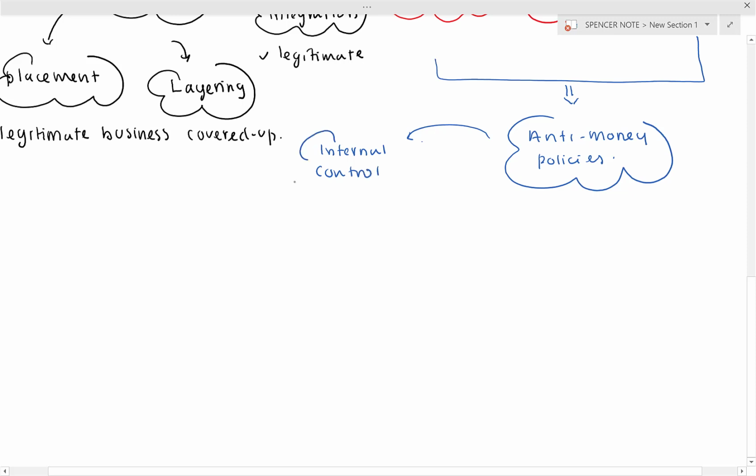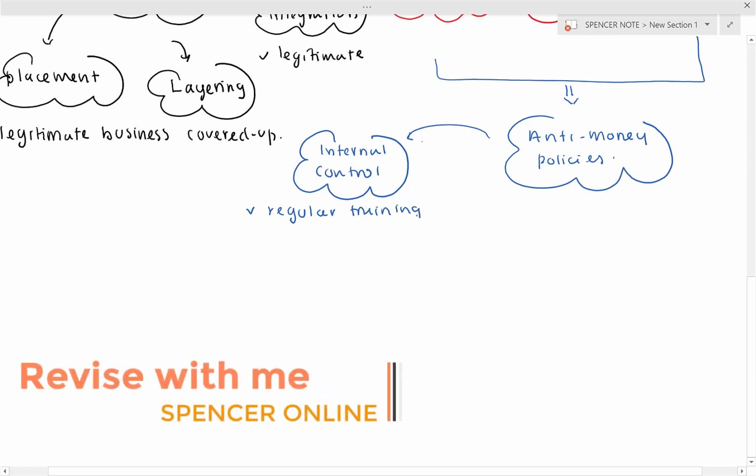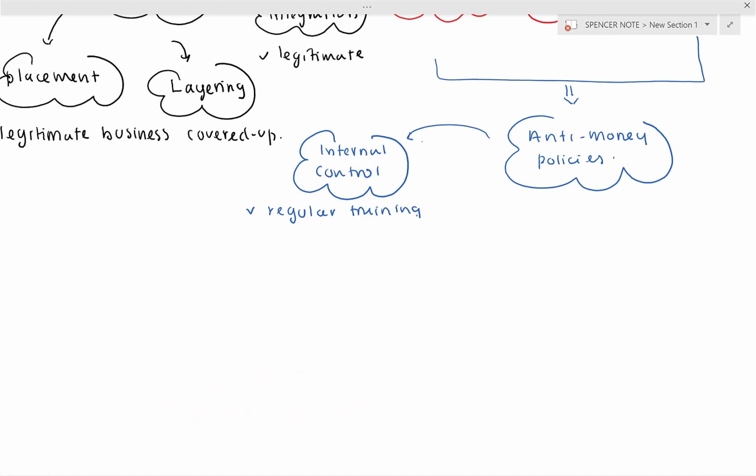When we talk about internal control, we are basically looking at the role the firm plays. A firm must conduct regular training for its staff on money laundering, especially on proper client identification procedure.